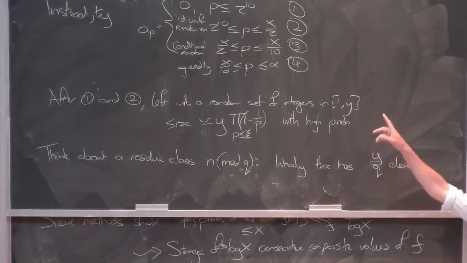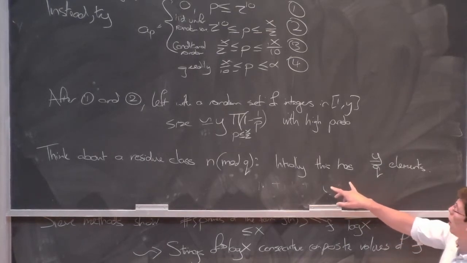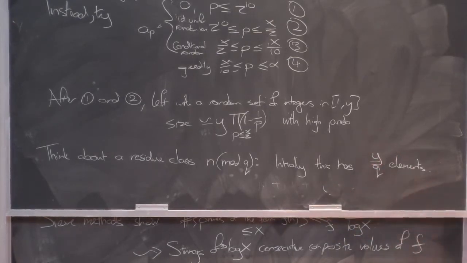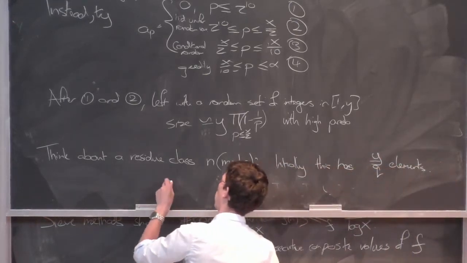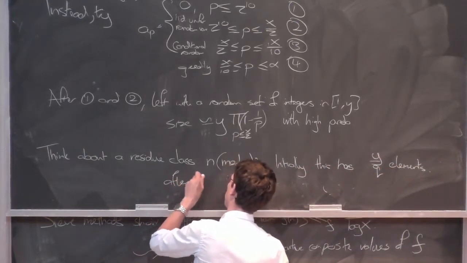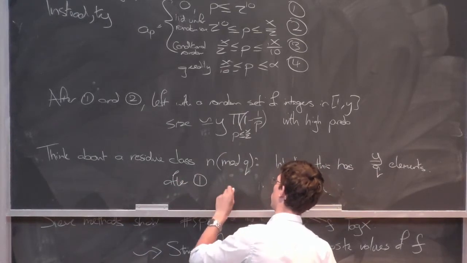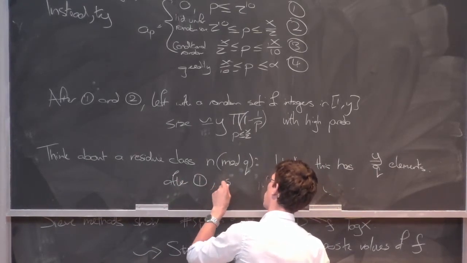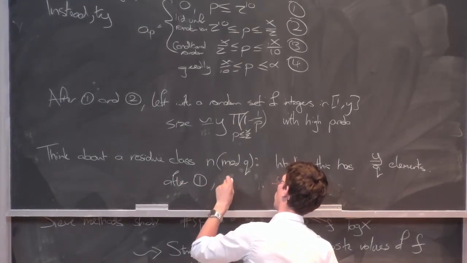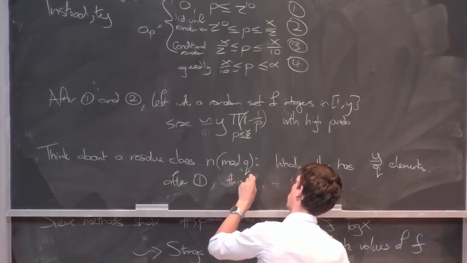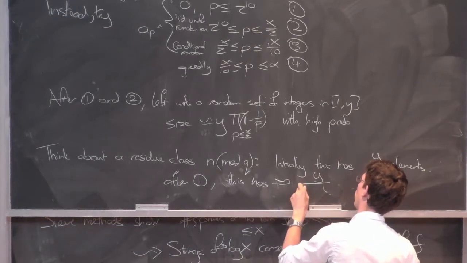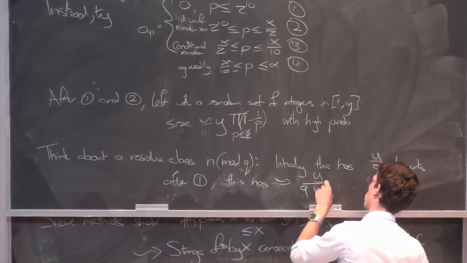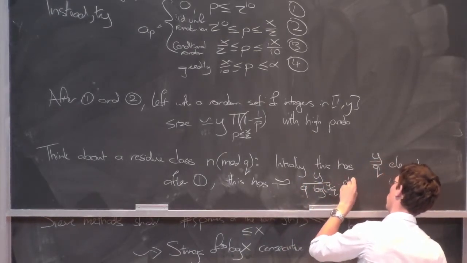But I then perform the sieving by the small primes, and I am inevitably going to knock out some of the elements of this residue class. So after stage 1, I get some deterministic set, and this will have about y over q log y over q elements.